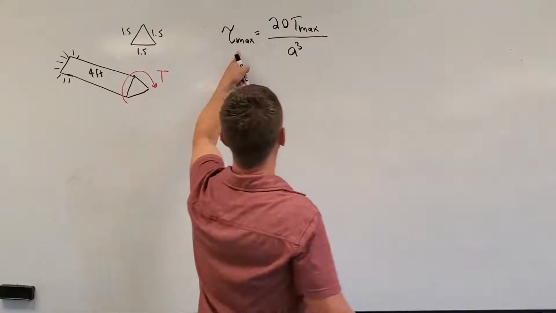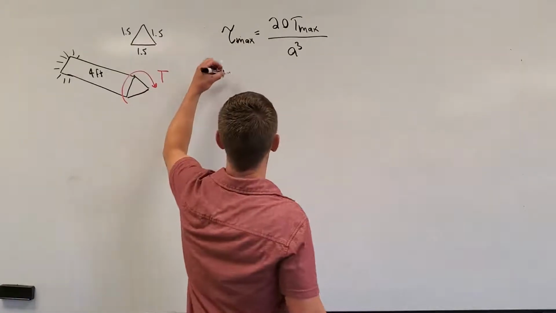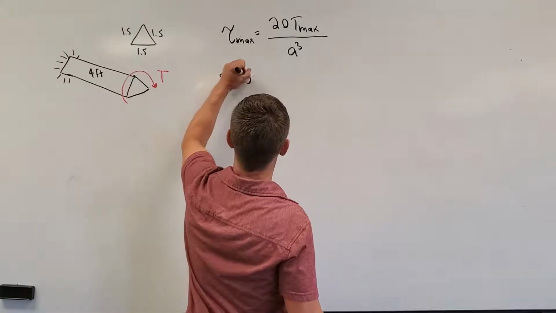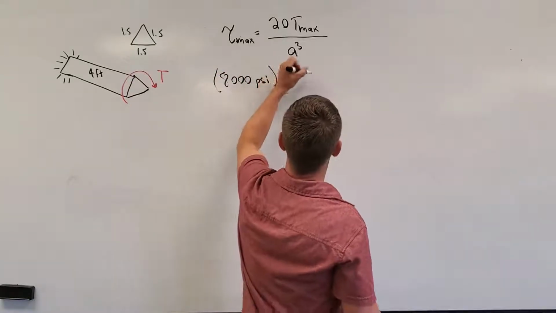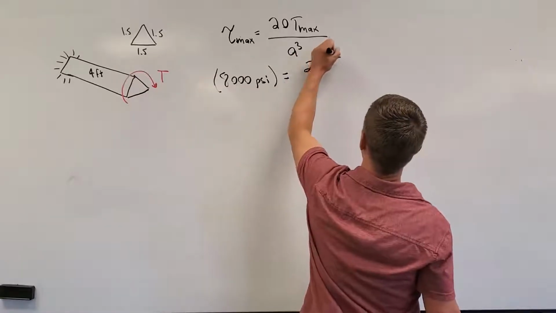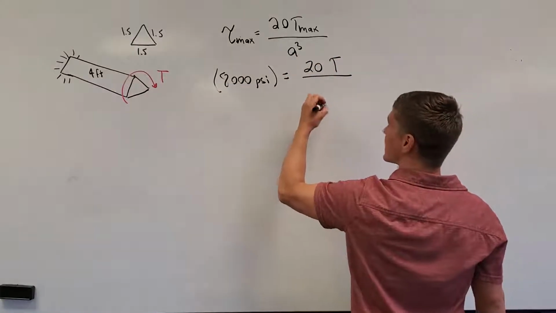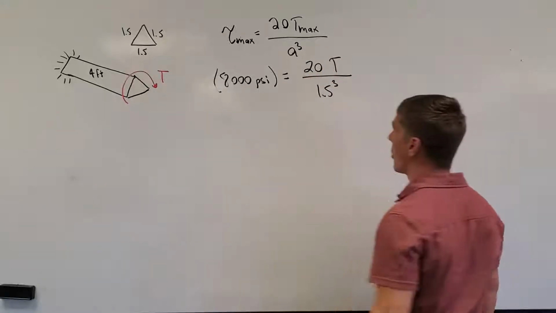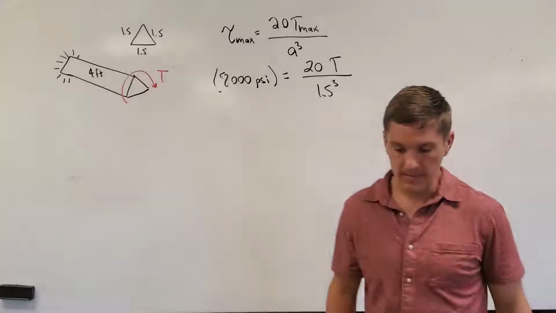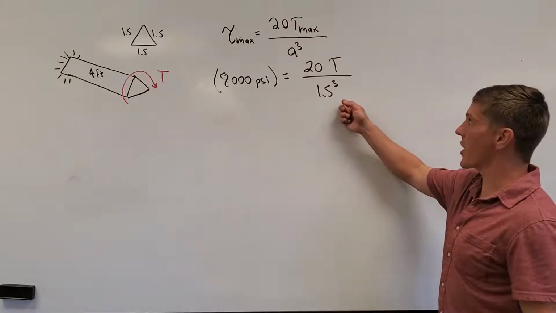We can say that our maximum allowable shear stress the problem gave was 8 KSI. So we have 8,000 PSI as our maximum allowable shear stress, and then we have 20 times our maximum torque divided by a, which was given as 1.5 inches, cubed. This is a pretty straightforward algebraic problem to solve.